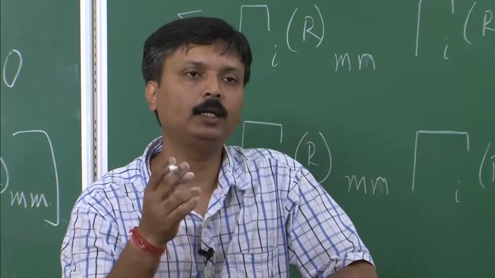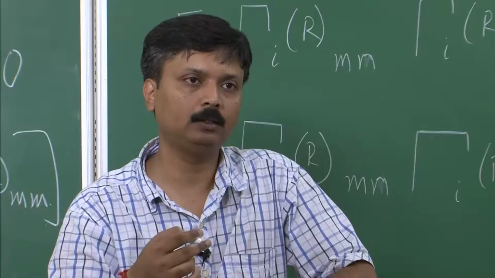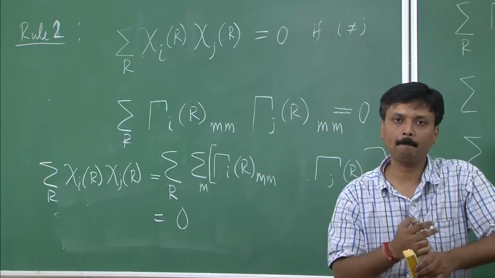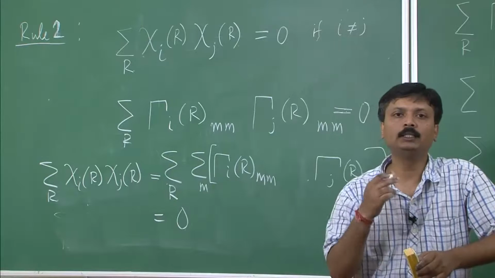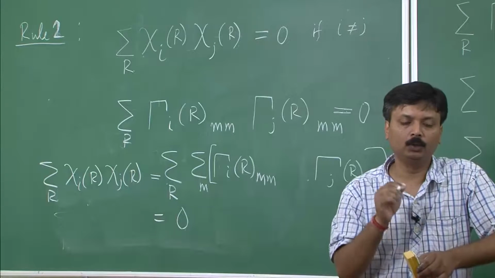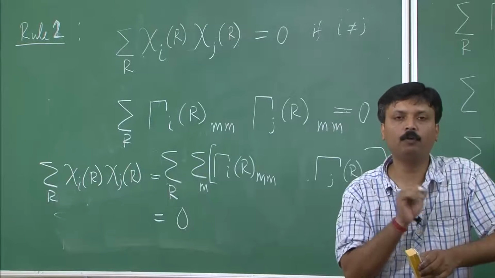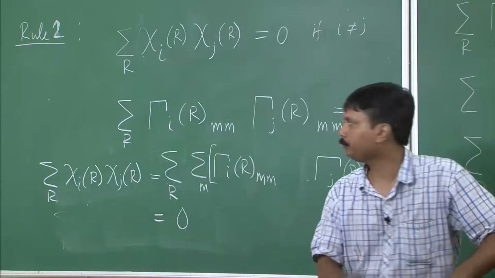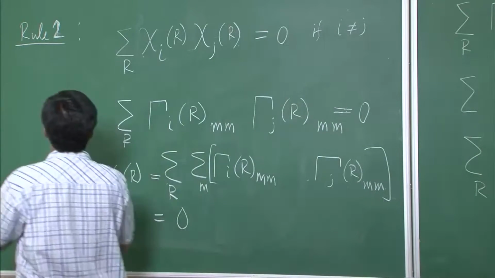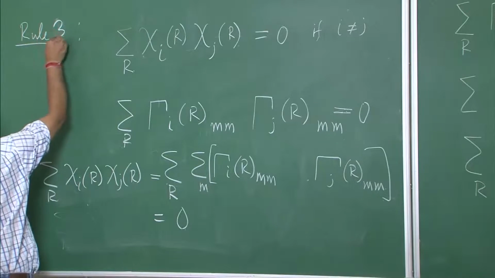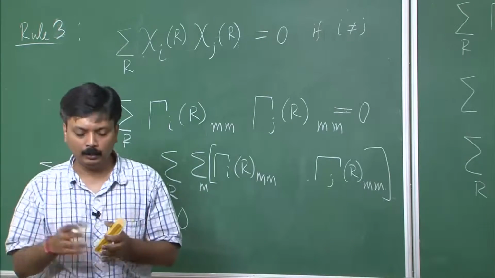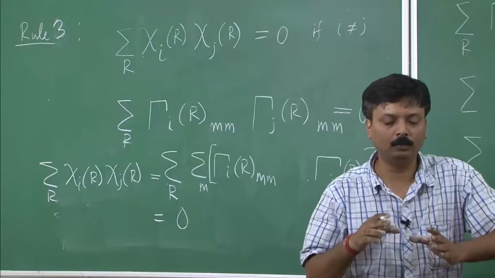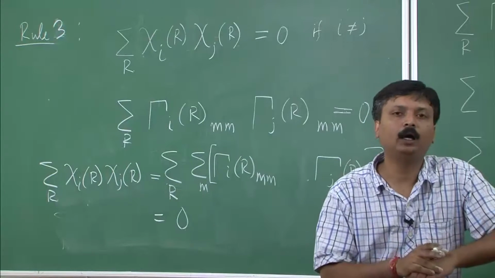If they are conjugate, then their corresponding matrix representations, whether reducible or irreducible, will also be conjugate to each other. That means they are related through a similarity transformation. Therefore their characters will be identical, which we have already proven. So the characters for all the symmetry operations belonging to a particular class are identical.